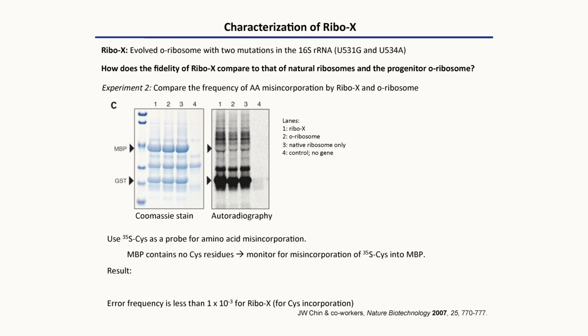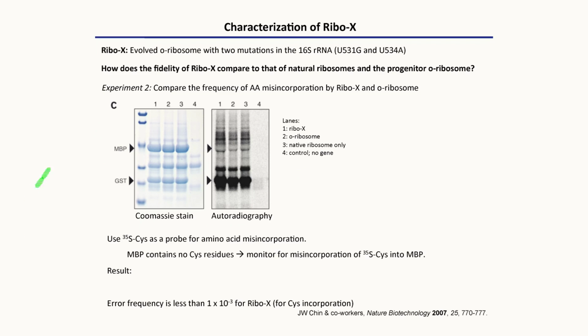So what do we see? All the ribosomes look like they're doing the same thing, except for when there's no gene. Yeah, right. No gene to translate. So why do we come to that conclusion that they're all doing the same thing?